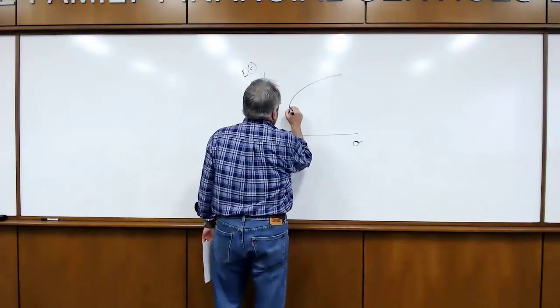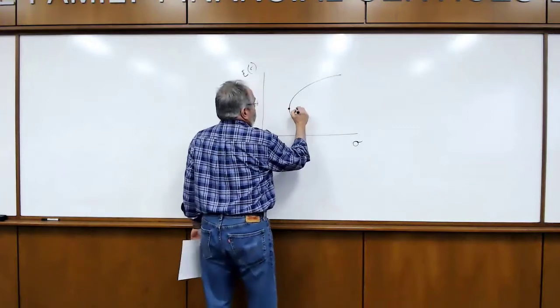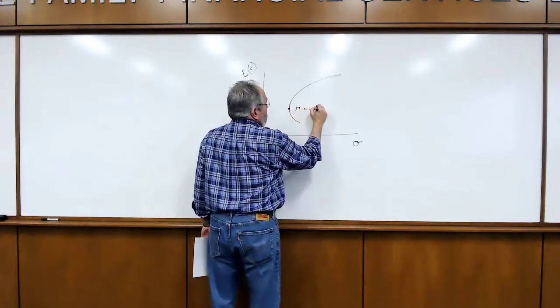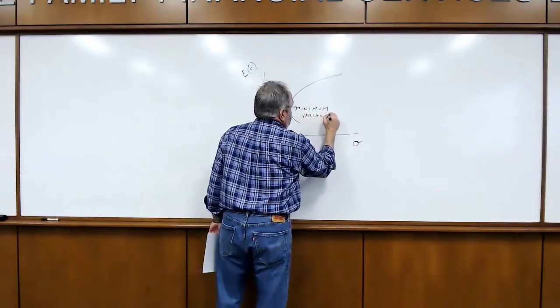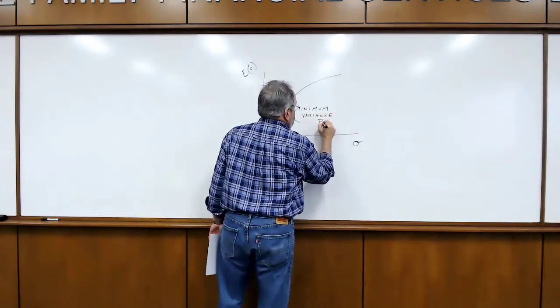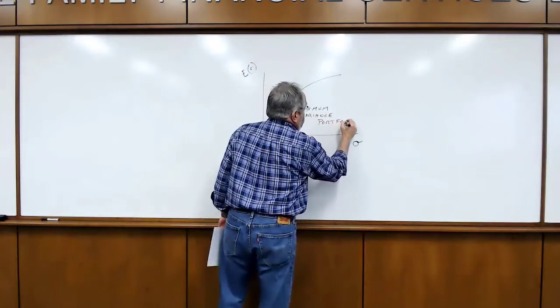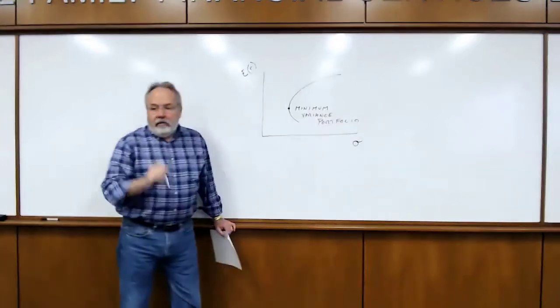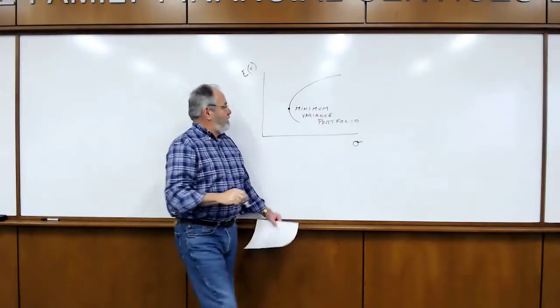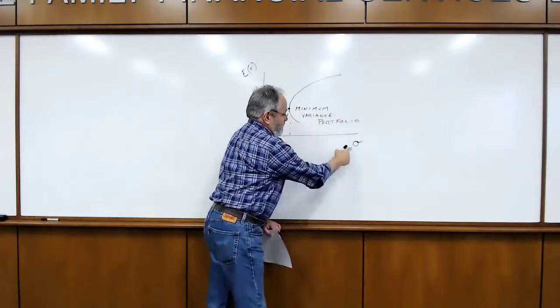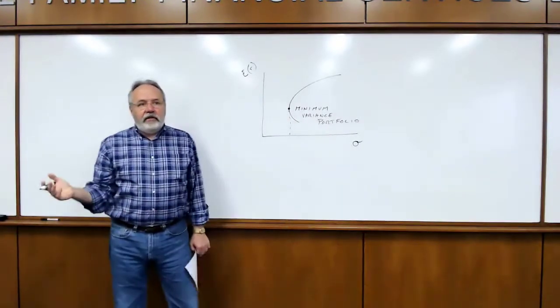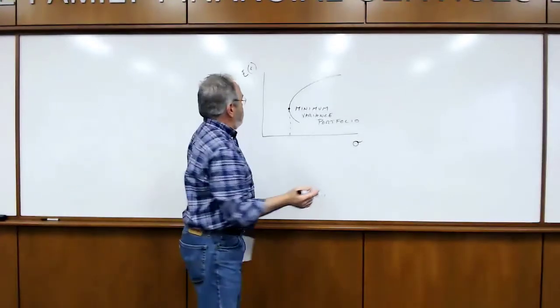Anyway, this would be the minimum variance. Right? And so we have a minimum variance portfolio where the standard deviation or the variance of this portfolio is as small as it can be.